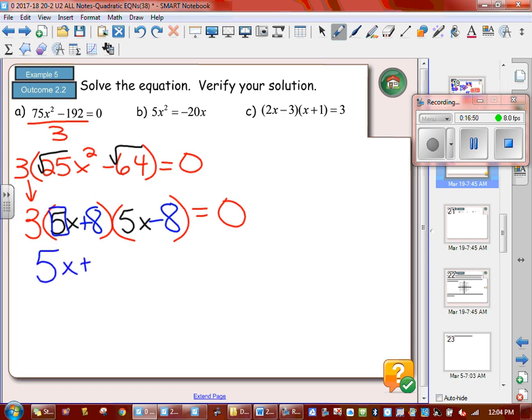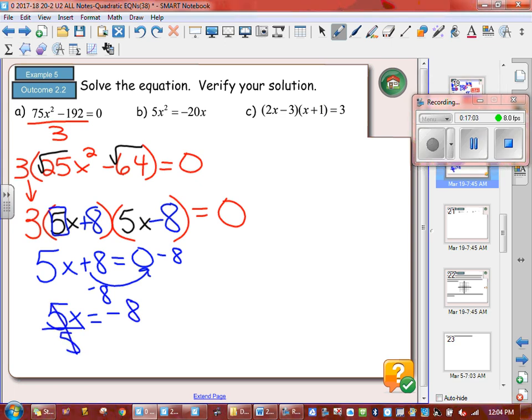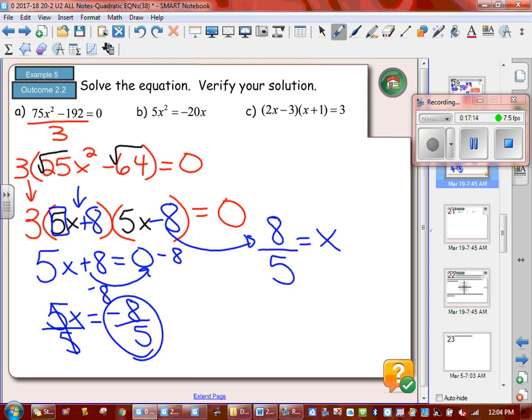Subtract 8, 5x equals -8, and then, as we know, divide out the 5, the number in front of the variable. So for this bracket, we get -8 over 5, which means this bracket is going to give us positive 8 over 5. So, again, our answer is going to be plus and minus 8 over 5.